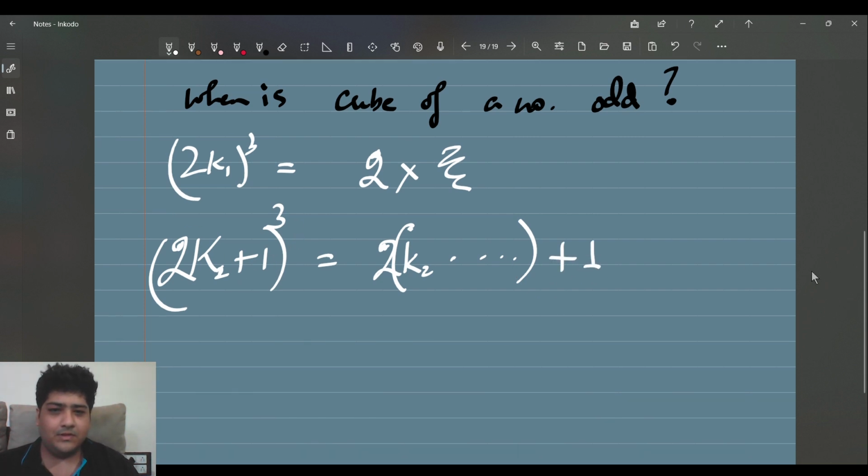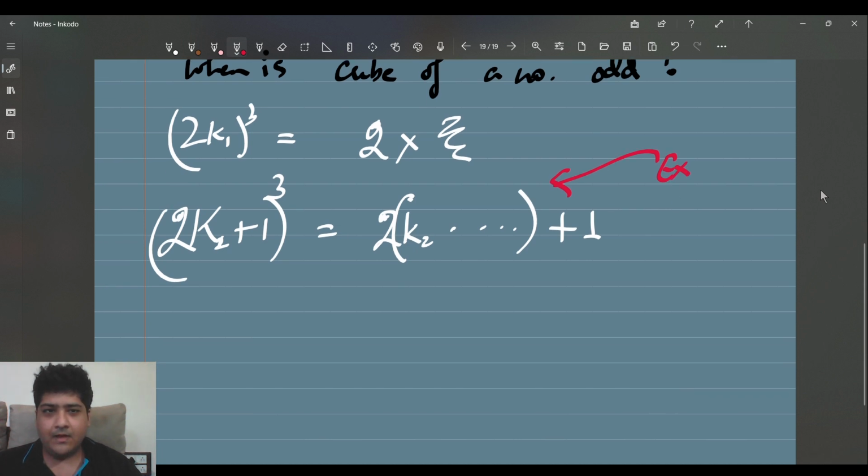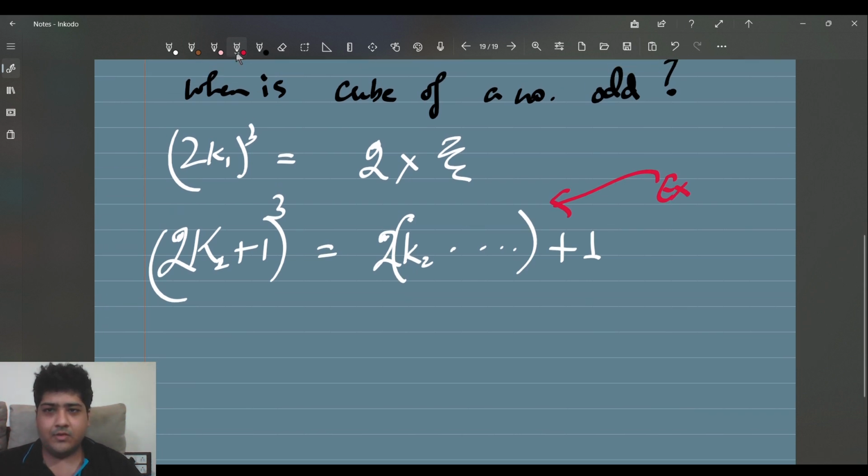So you should try to simplify this exactly. I've given you a rough simplification, so you should do this as your exercise. So just now what I've shown is, if n is odd, this implies n cube is odd.